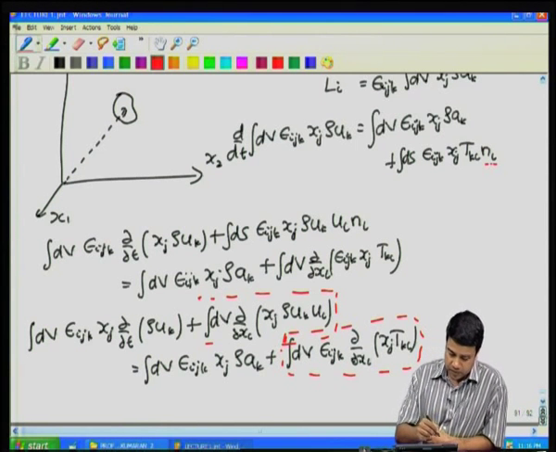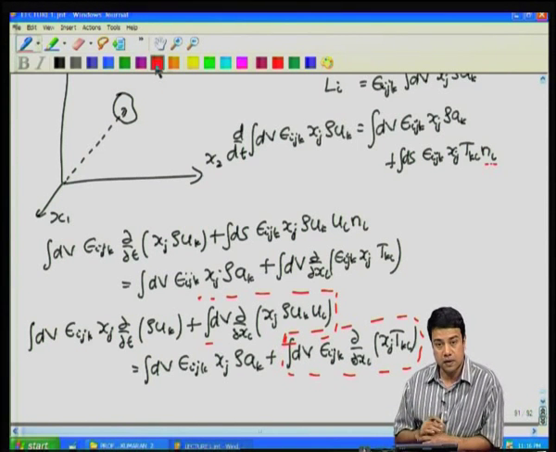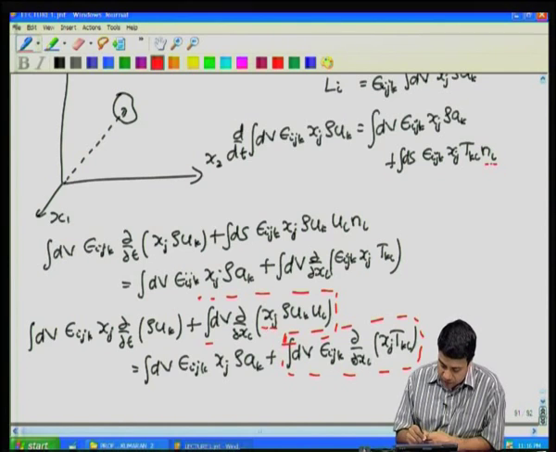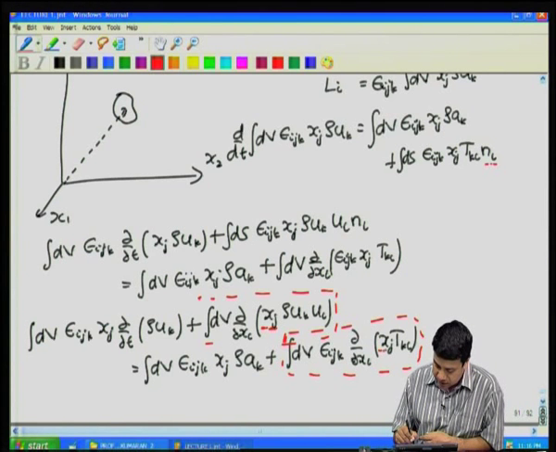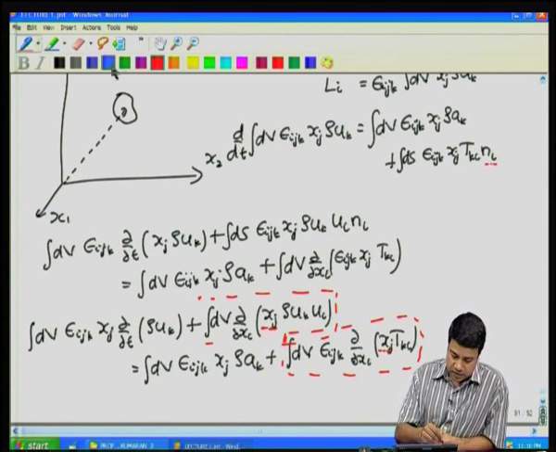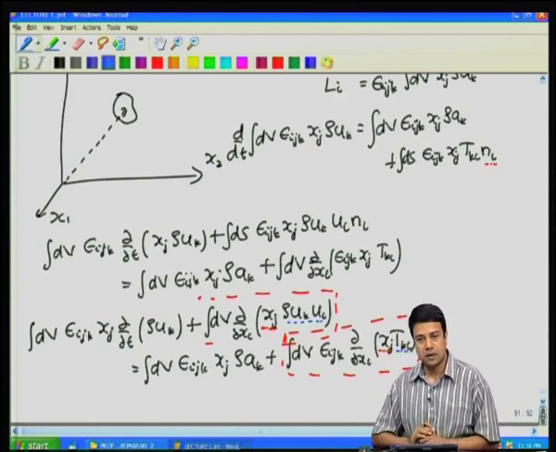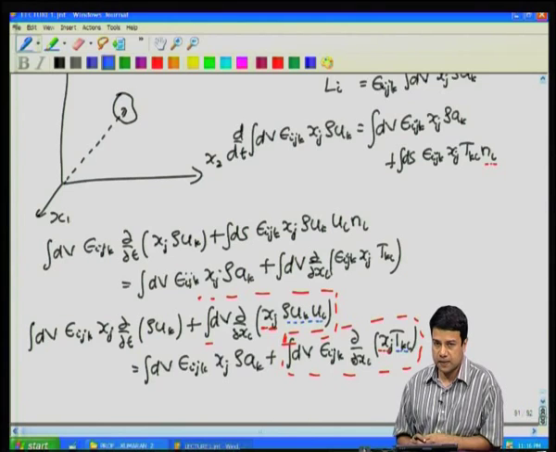In particular, I will expand the derivative into two parts, one of which is the derivative of this x j here and this x j here. The second is the derivative of what remains.